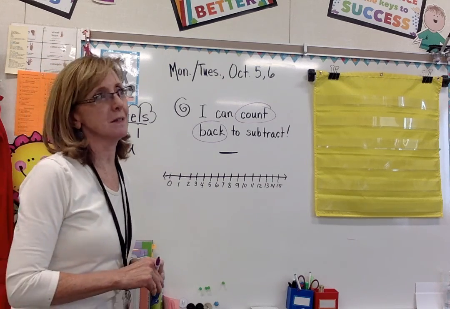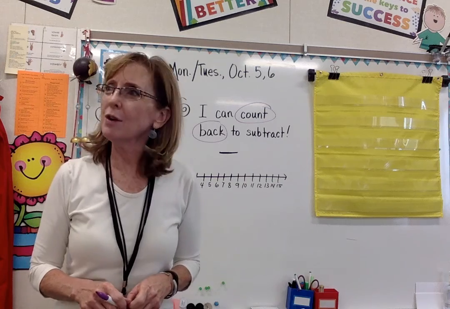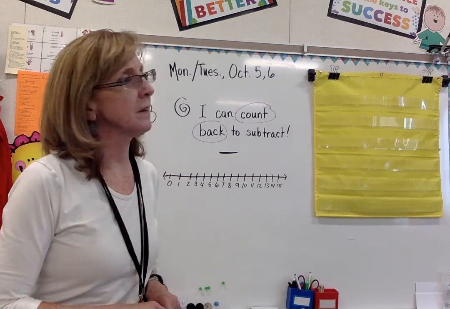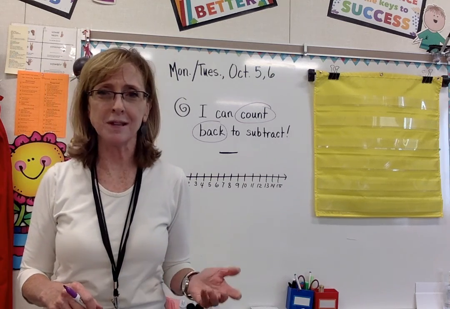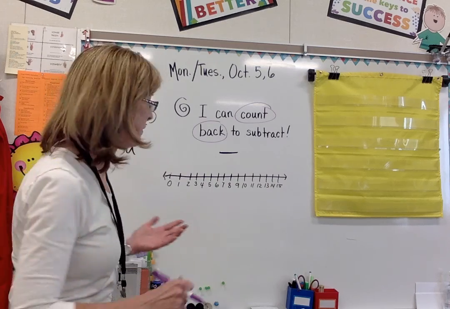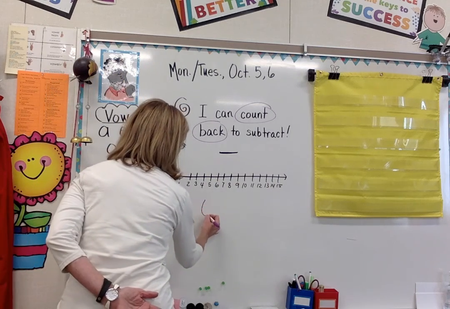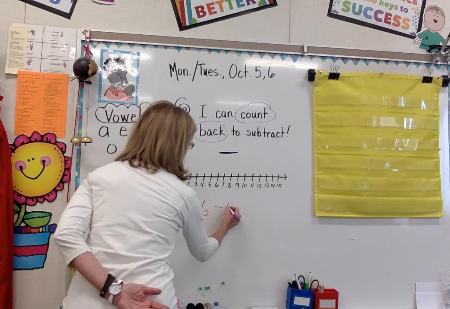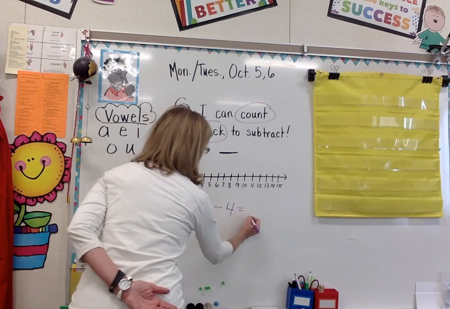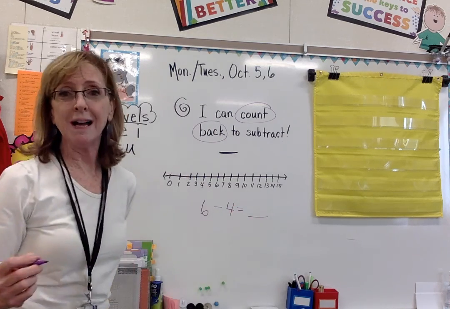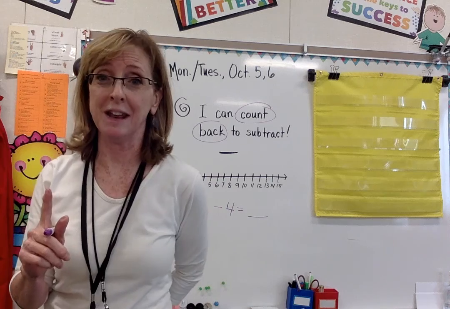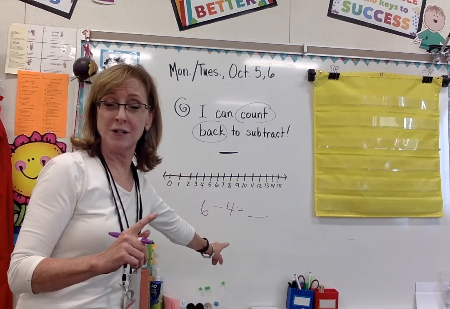Now, we talked last week about how I don't usually just walk around in life and see a number sentence. I don't look around and find like 6 subtract 4. I just don't see that very often. But things might happen in life where I need to use 6 subtract 4.